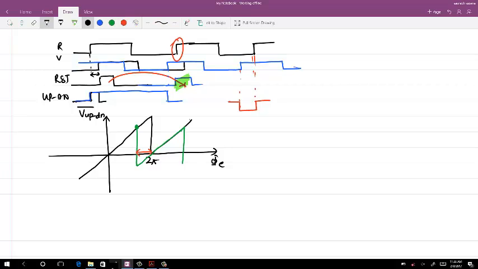So this phi range, let me just call it delta phi. This delta phi is equal to 2 pi times T reset by T reference. Let me just write, TR is the reference period.